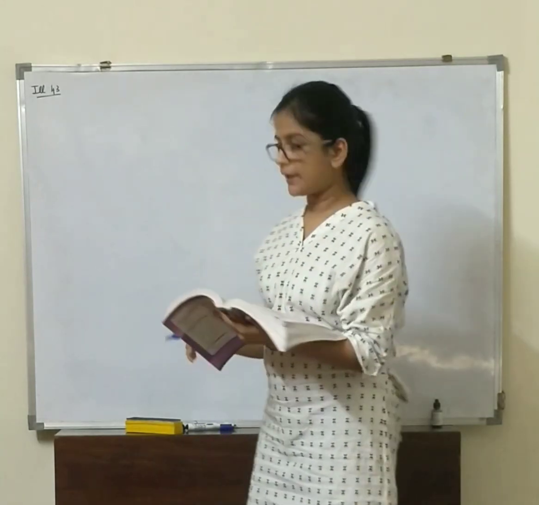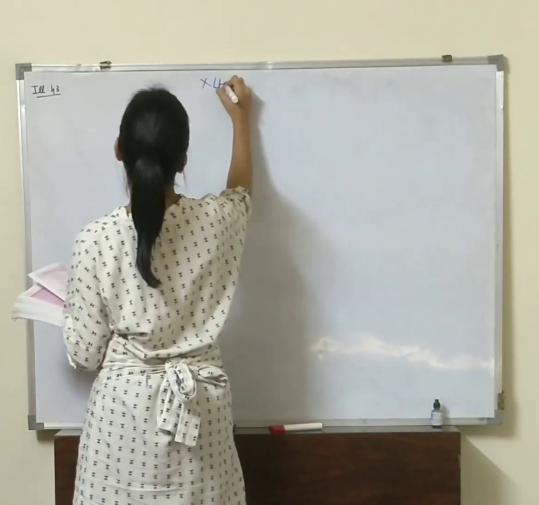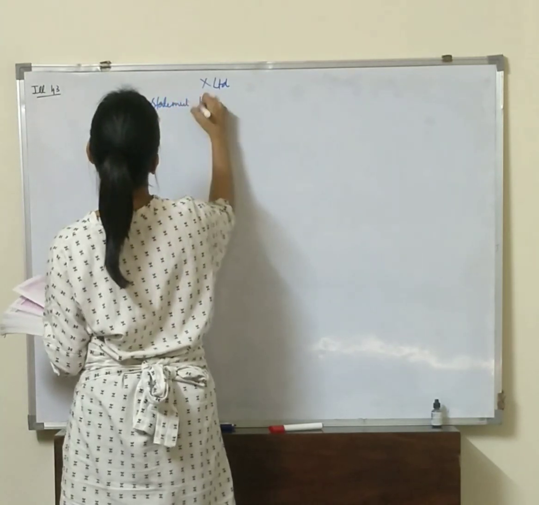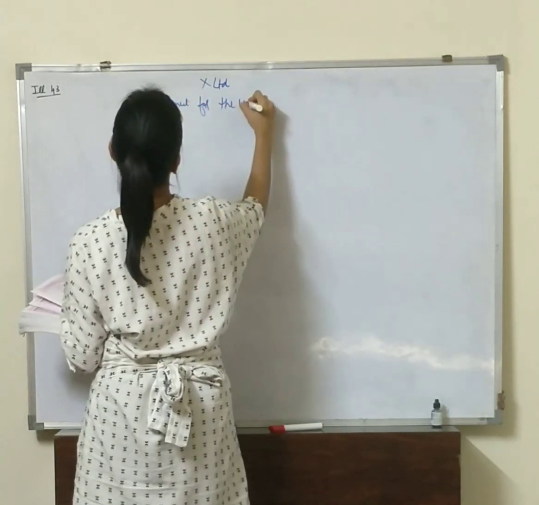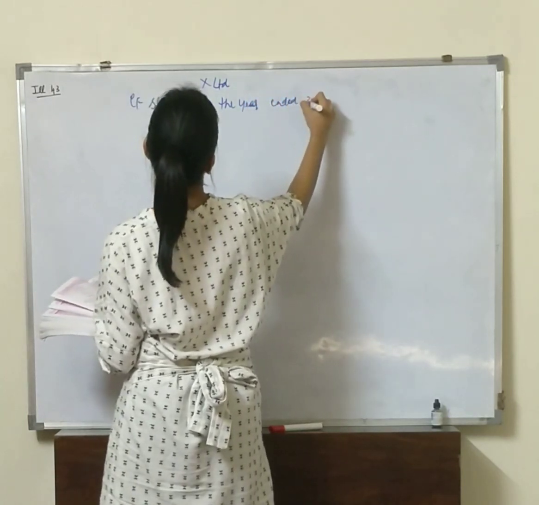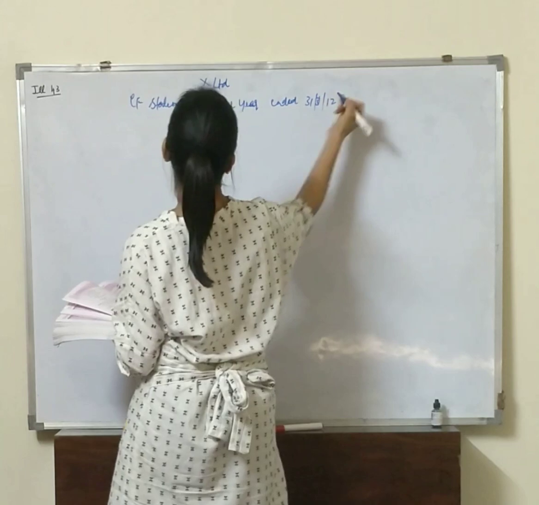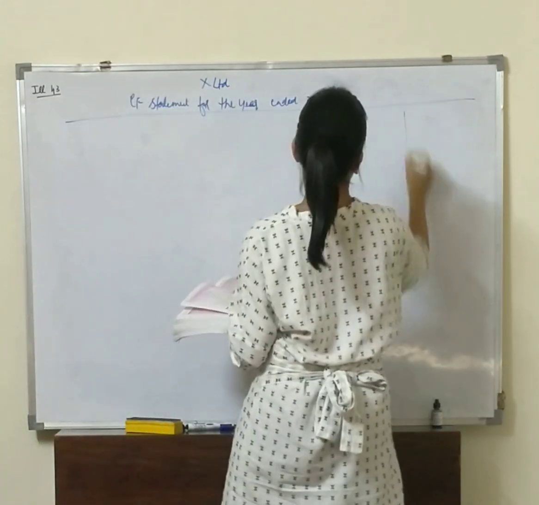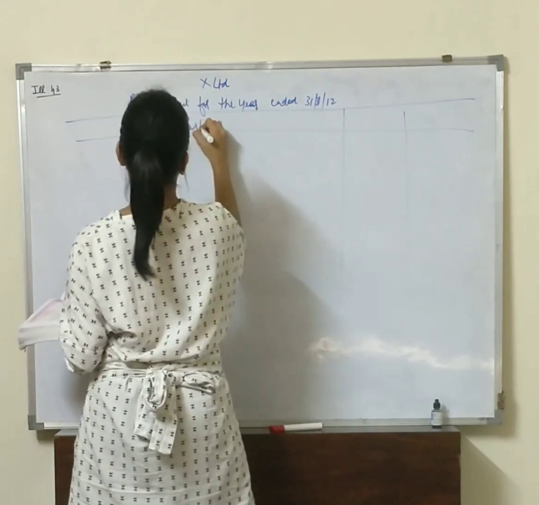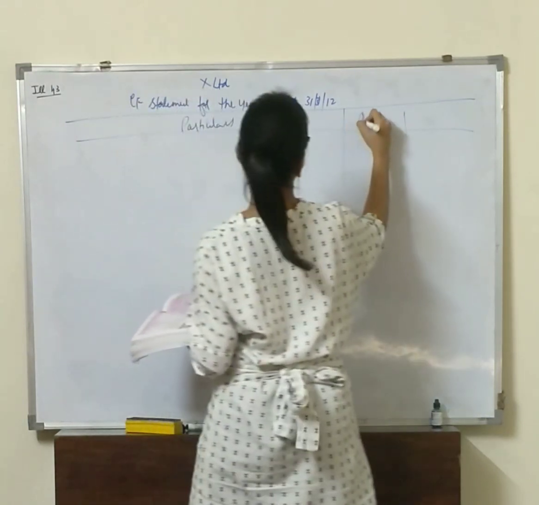Next, let's go on to our cash flow statement. X Limited cash flow statement for the year ended 31st March 2012. We have 3 columns: particulars, amount.